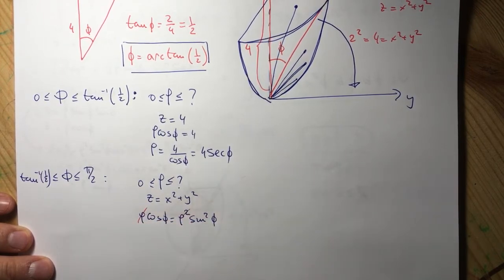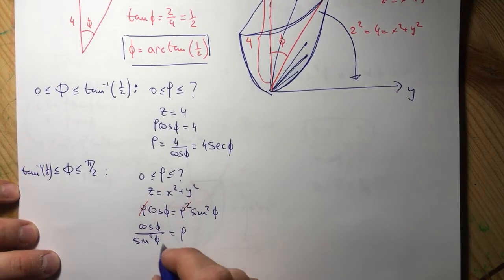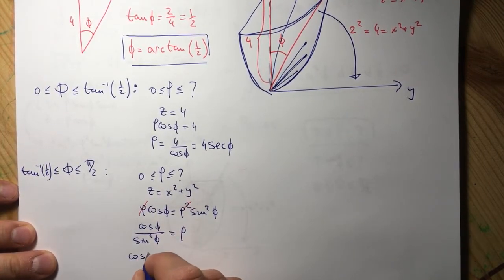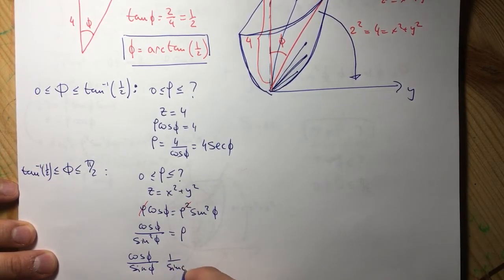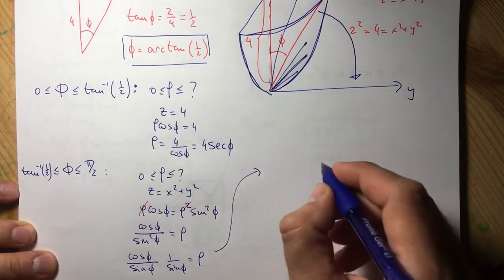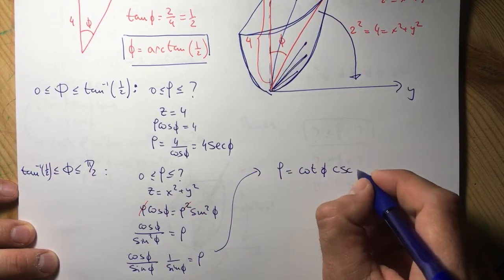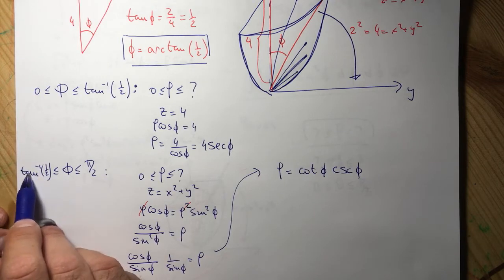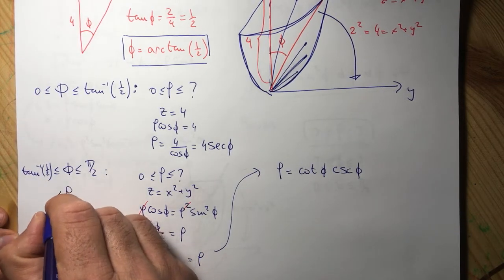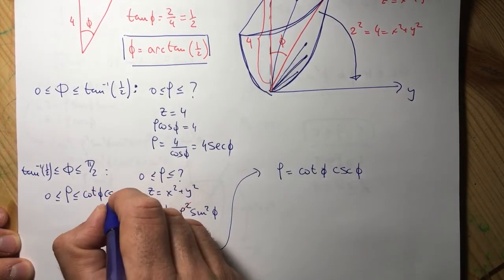We can cancel these out, and you have cosine phi over sine squared phi is equal to rho. Or you can rewrite this as cosine phi over sine phi times 1 over sine phi is equal to rho. So rho is equal to cotangent phi times cosecant phi, which means that when phi is between arctangent of 1/2 and pi over 2, rho is bounded between 0 and cotangent phi cosecant phi.